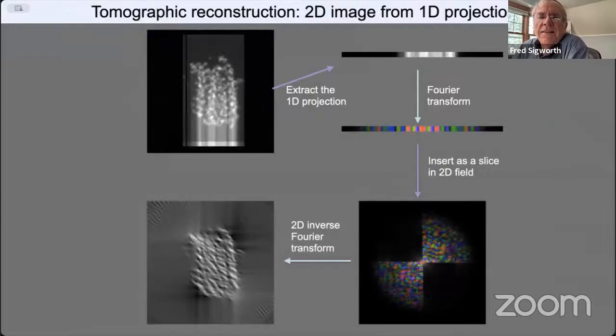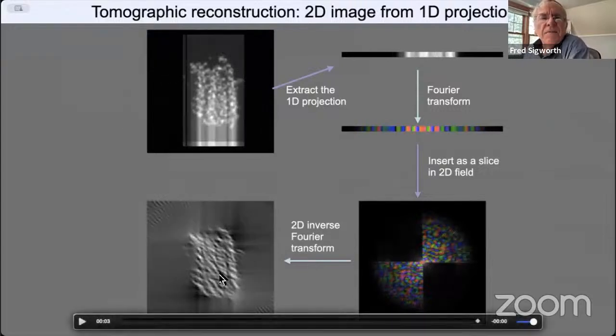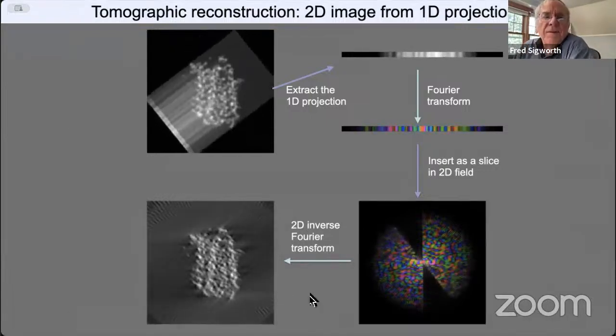Then we can fill in lots of slices, and you can see at this point we have kind of a so-so reconstruction. The resolution is good in this direction, but not in that direction. And this is exactly the missing wedge problem, right? Because we're missing half of the signal in the Fourier domain, and we have these two wedges where there's no signal at all, and that gives us a kind of poor reconstruction.